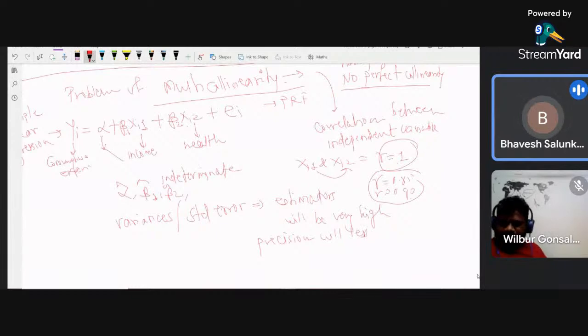When this kind of problem occurs in the regression, your OLS estimators beta hat 1, beta hat 2, alpha hat will continue to be unbiased. They will continue to be efficient, linear, and consistent. But the only problem is that they will have large standard errors.